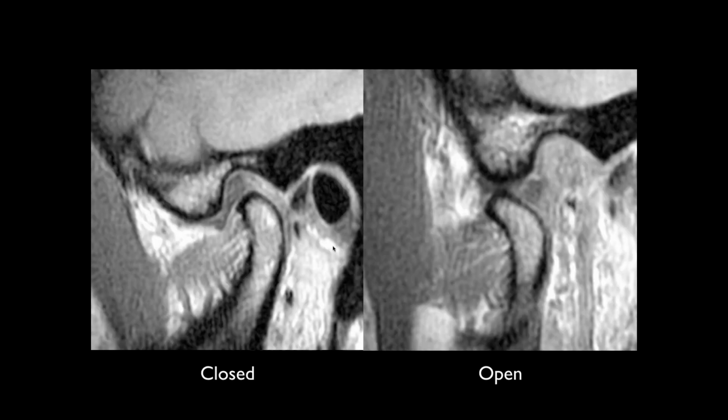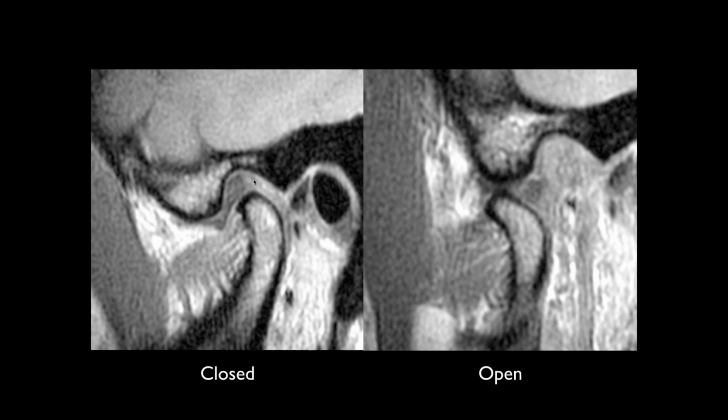And here's the sagittal plane, and we typically image in the open mouth and the closed mouth positions. This is the closed mouth position here. We can see that the condyle comes around here so that the teeth are clenched over here. The condyle is kind of up superiorly and posteriorly in the mandibular fossa, and right above it should be the posterior margin of the disc, and its attachments right here.